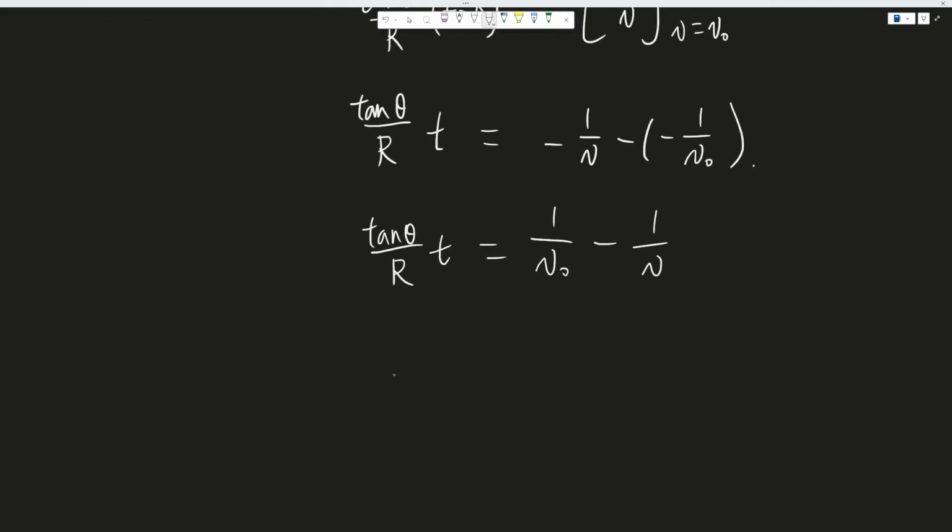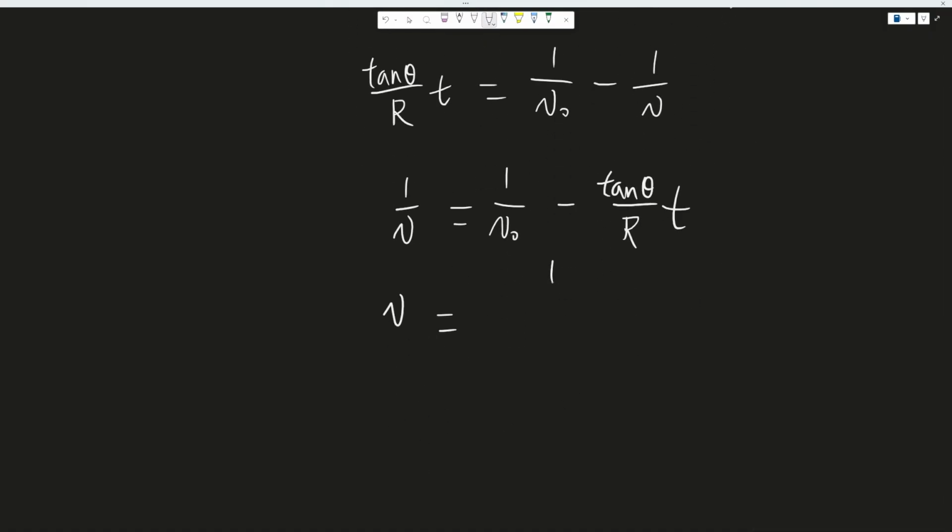Now let's isolate the v term here. We move the v to this side, so we get 1 over v equals 1 over v0 minus tangent theta over R times t. And we flip the denominator and the numerator. So v equals this whole thing flipped: 1 over v0 minus tangent theta over R times t.